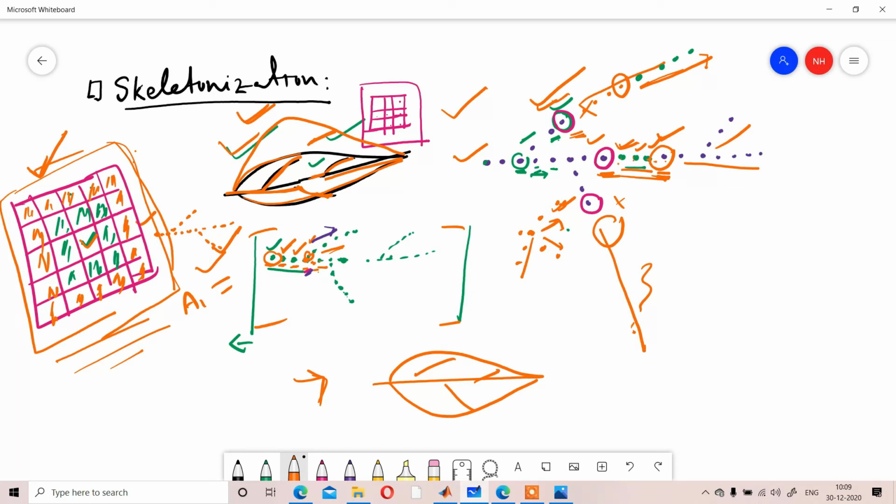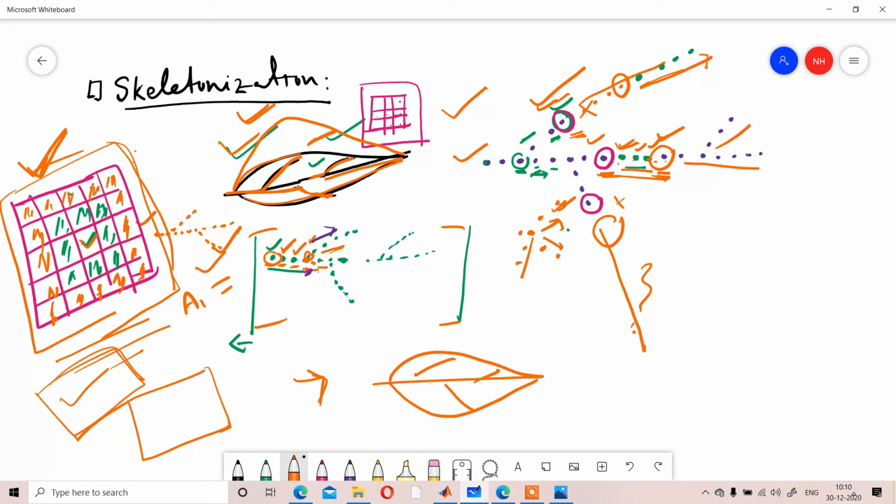It is not like that. You have to mention how many neighborhood you are trying to search initially. Suppose you are trying to search up to 7 number of neighborhood pixels. You can decide by viewing the skeletonization result.